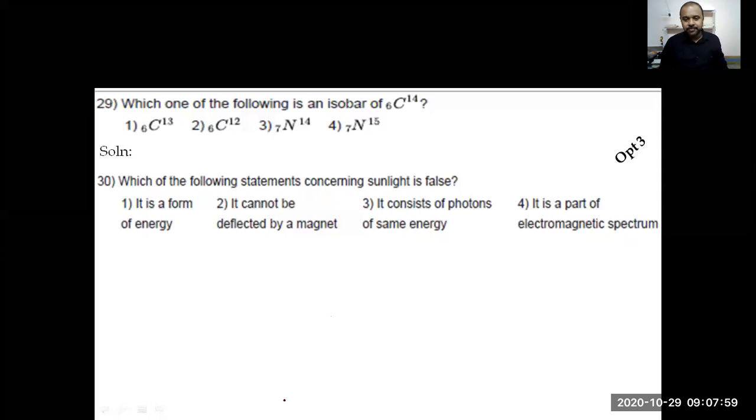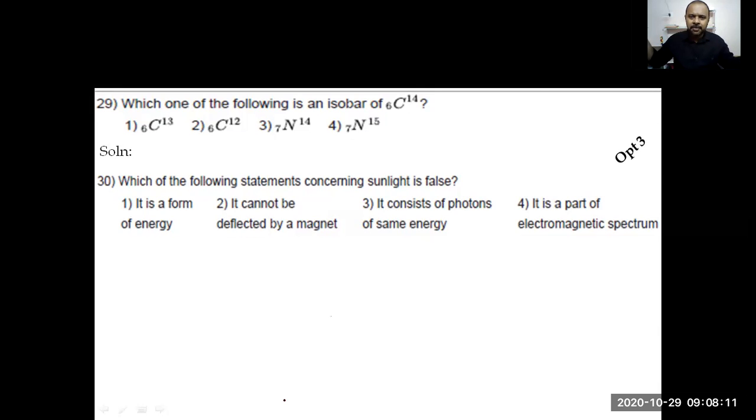It is not false. It consists of photons of same energy is wrong, because, as Vikram pointed out, it consists of photons of various energy. Frequency varies, energy varies. So photons of different energies are possible in sunlight. It would give rise to the entire range of electromagnetic spectrum.